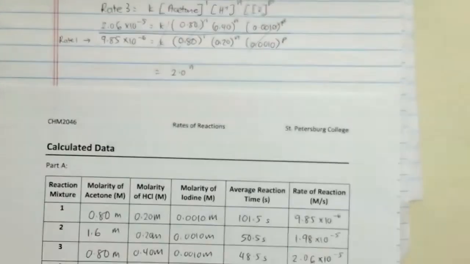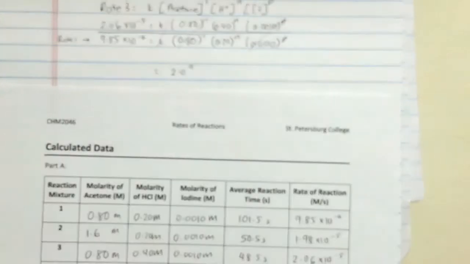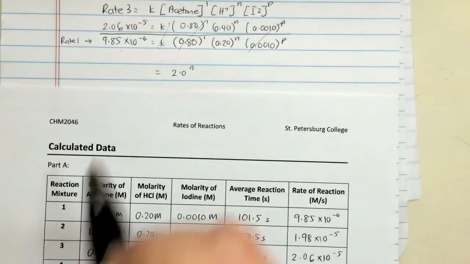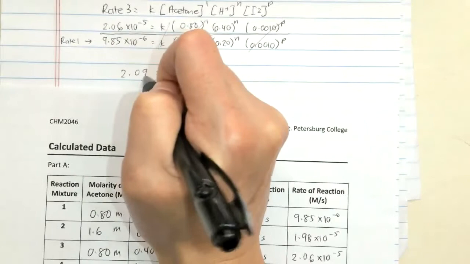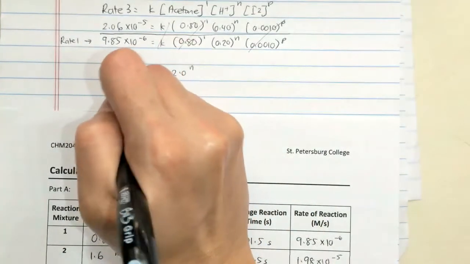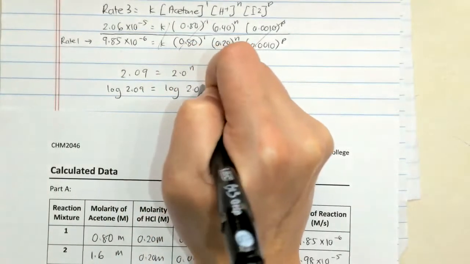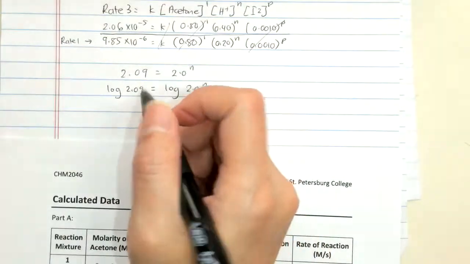So let me go ahead and do that on my calculator. 2.06 times 10 to the minus 5 divided by 9.85 times 10 to the minus 6. I got 2.09 in this case. So then I want to solve for n using log, put log on both sides. Okay, and then we do the same way like we just did.